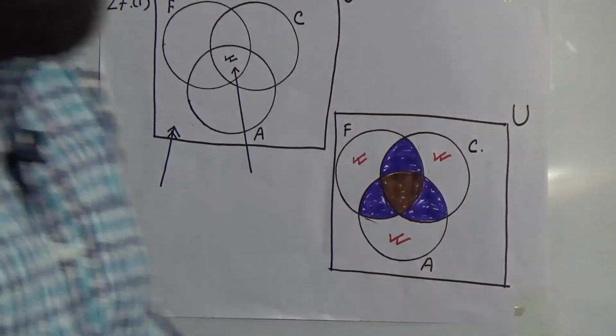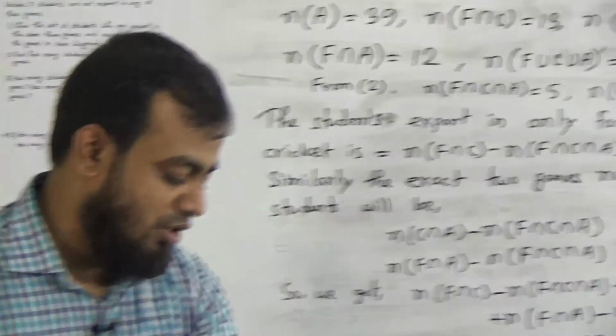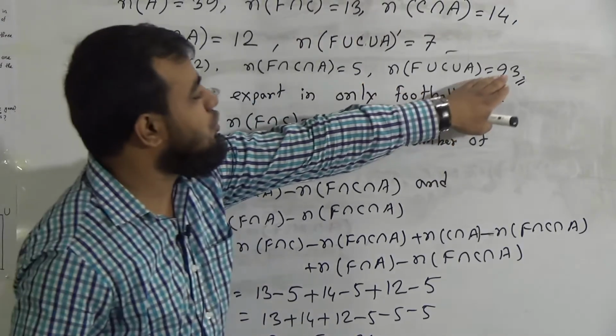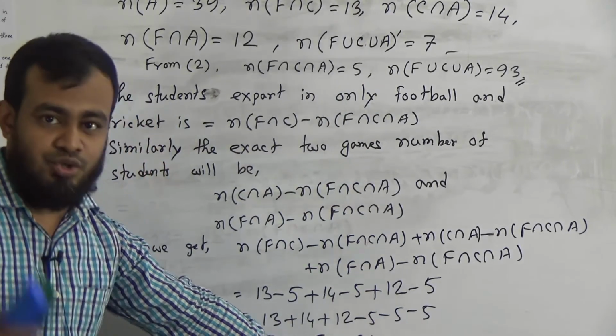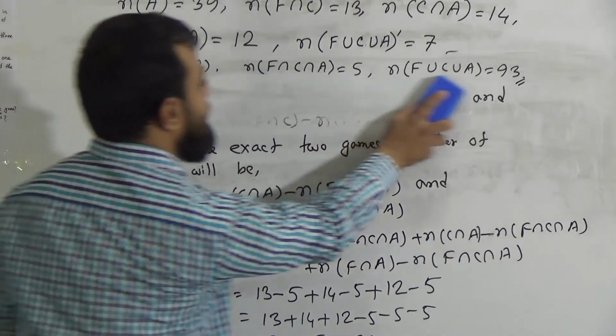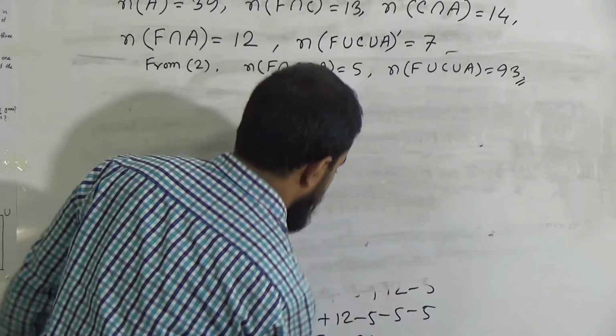Look, it's very easy. First of all, to calculate this one, we need to calculate this one, this one, and this one also. This one is the exact 2 games expert. Now we will calculate this one. In activity 3, if we have this question, then we solve it like this.